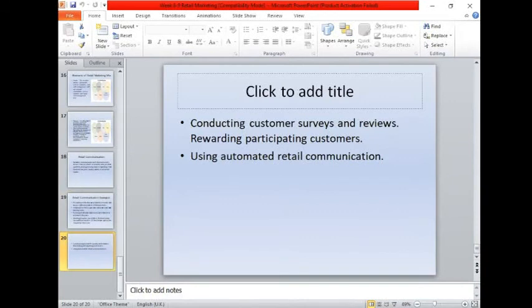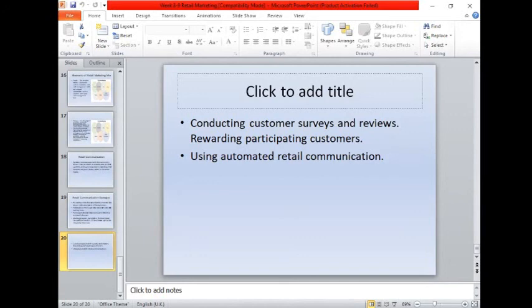Conducting customer surveys and reviews, and after that, we should reward the participating customers. It is very important to conduct a survey of the customers so we can know the areas of improvement through their feedback.